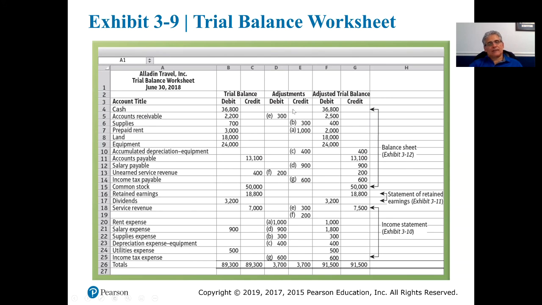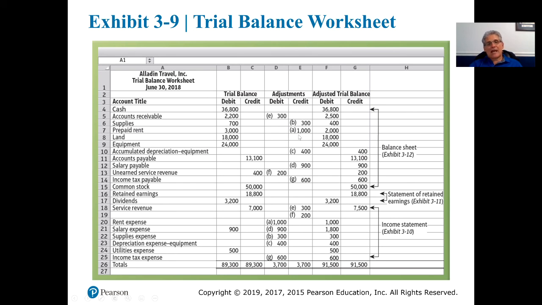So they took up 2 columns in this worksheet. And then, back in the day, before computers and all that, adjustments were recorded in this trial balance worksheet. So as an example, A was a credit to prepaid rent, and then a debit to rent expense. See that? Credit, debit.